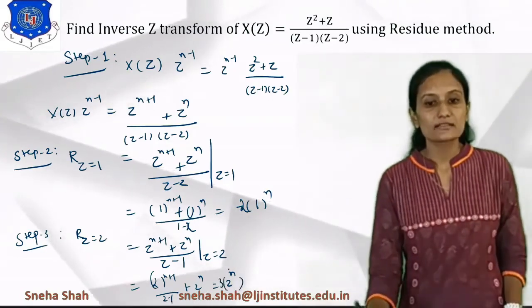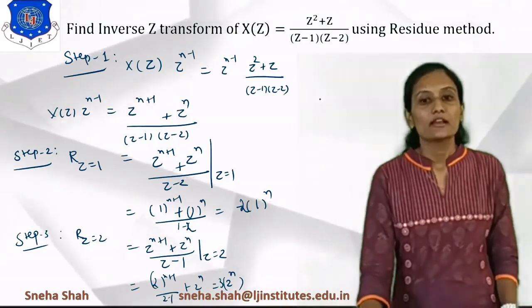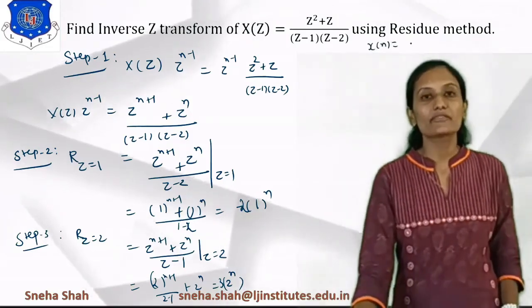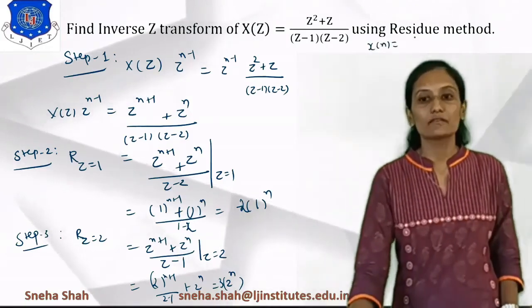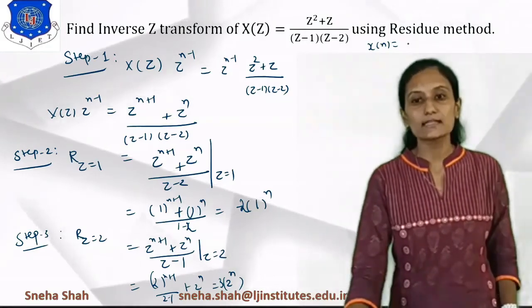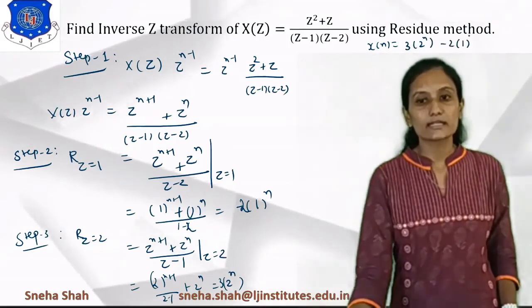Now if I add these two terms, then I can find the final value of x of n. So what is the final value of x of n? I am writing here: x of n equals the summation of these two residues, so 3 into 2 raised to n minus 2 into 1 raised to n.